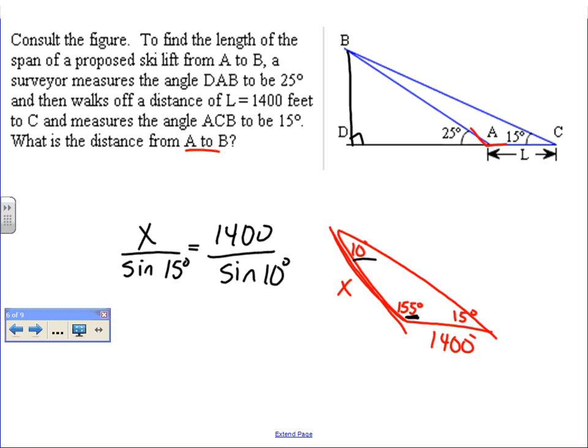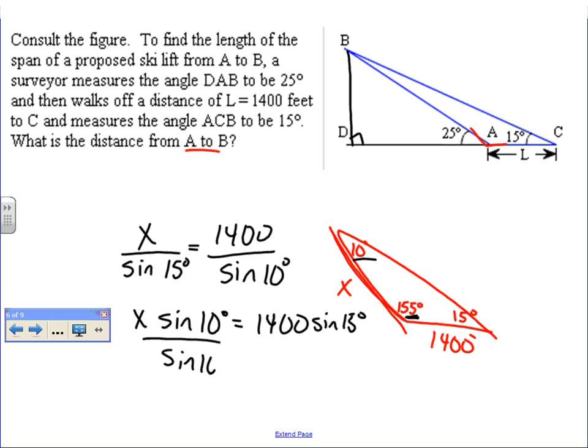And that gives you enough to set up a law of sines. So let's cross multiply. We get X times the sine of 10 degrees equals 1,400 times the sine of 15. So we divide both sides by sine of 10.